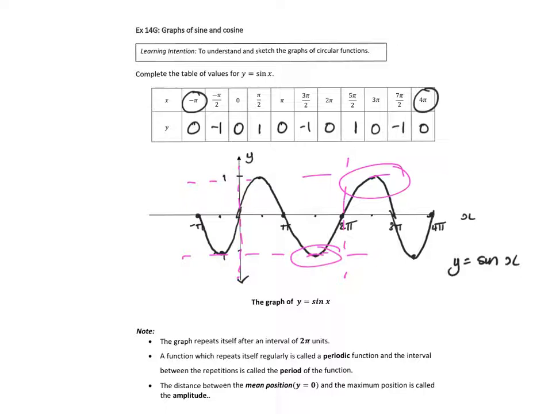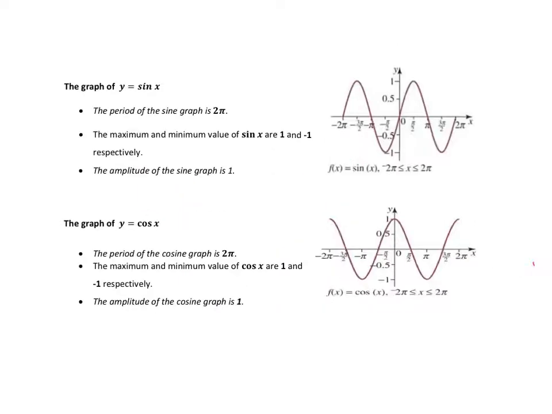But we'll start looking at that. So let's have a look at the following. The period of the sine graph. The period is how long it takes to repeat itself. The period of the sine graph is 2 pi. You can see here that if I go like that, I am now starting to go back up again, which means that I am repeating myself.